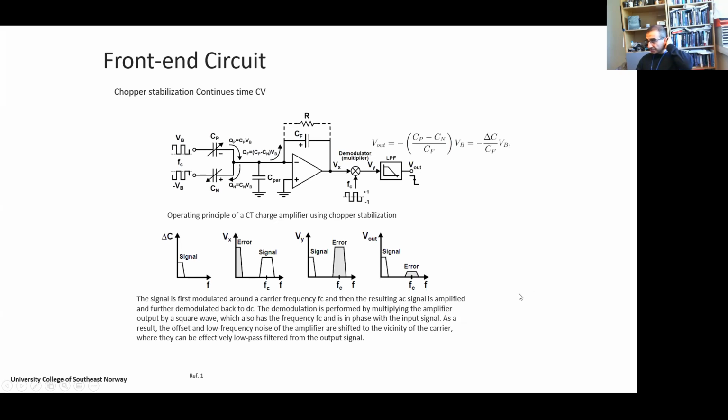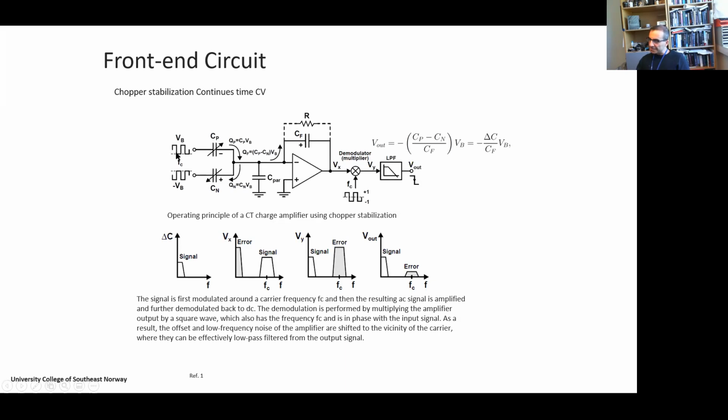Here is chopper stabilization, which is a continuous time version. In this circuit, we see that we have a differential sensor with single-ended output, and we have two time varying pulse trains which are biasing these variable capacitors.